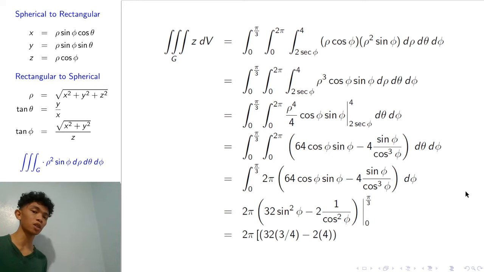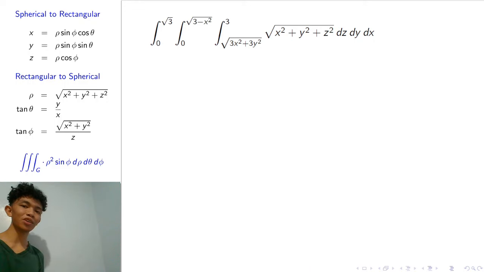Cosine of 0 is just 1, so you get minus 2 for your last part of this line. So simplifying things, you get 32 over 4 is 8 times 3 is 24, minus 8 is 16, plus 2 is 18. So you get 2 pi times 18, you get 36 pi for your final answer.